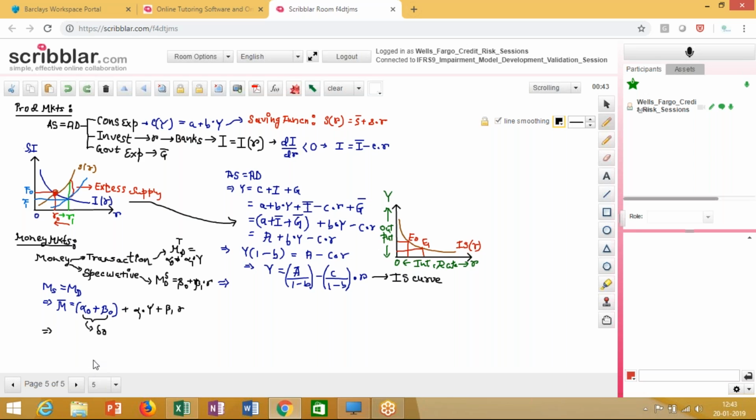what we see is the money supply in the economy. So if I have a look into this, I can say that the money supply is equal to delta 0 plus alpha 1 y.